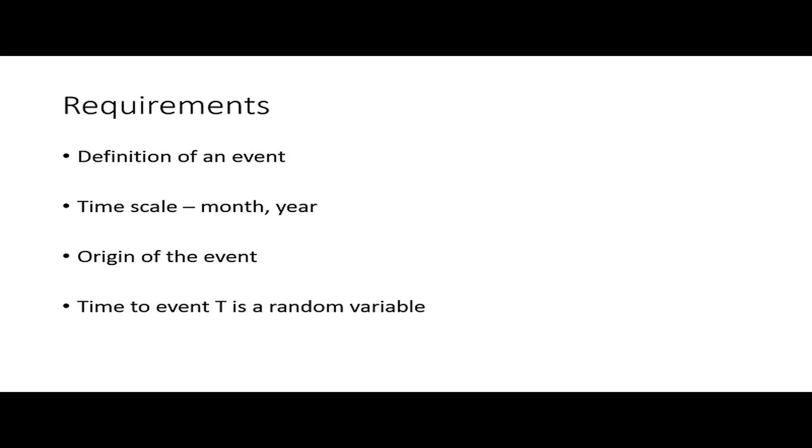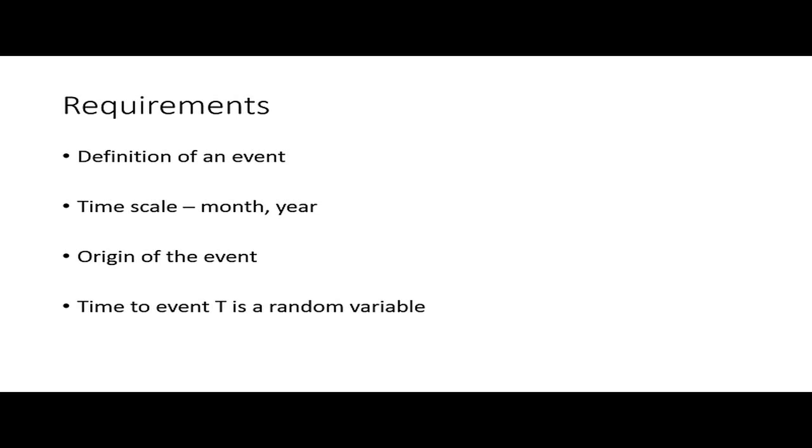Again, the origin of the event, like when it starts. For example, if we want to monitor when a particular customer is going to default in the payment, the observation will start from the day the customer takes the loan from us. From that day onwards, we will be observing the customer. So the origin of the event should be clearly defined.